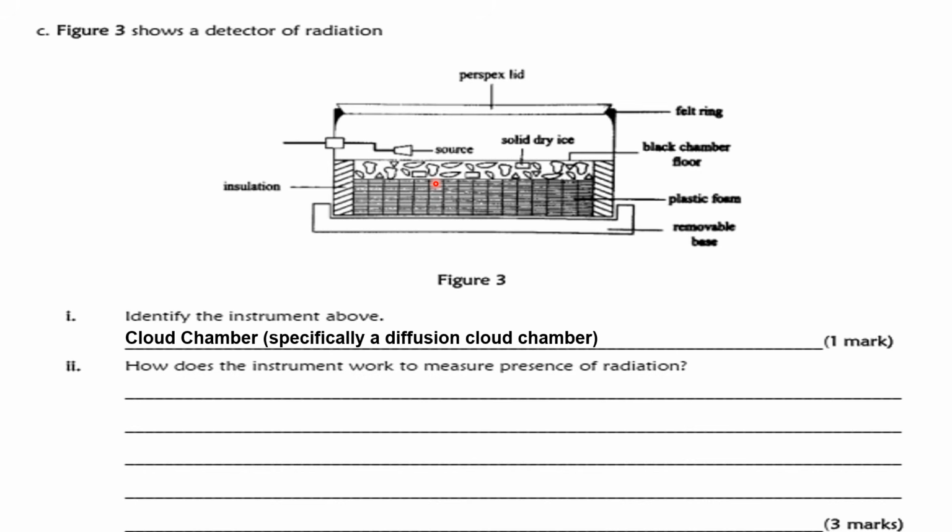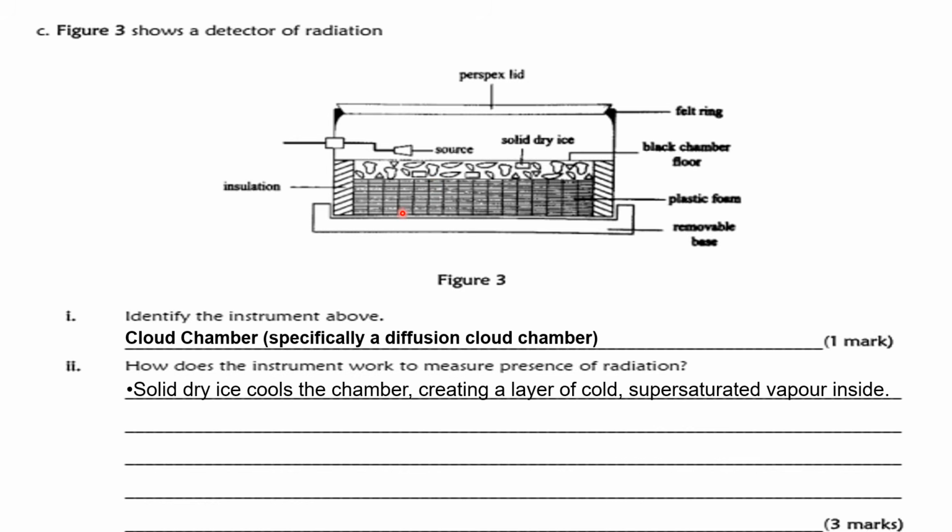All right, so the principle on which this works is basically ionization. Inside here, you can see the solid dry ice. Dry ice is basically frozen carbon dioxide. When the carbon dioxide is frozen, it is called dry ice.